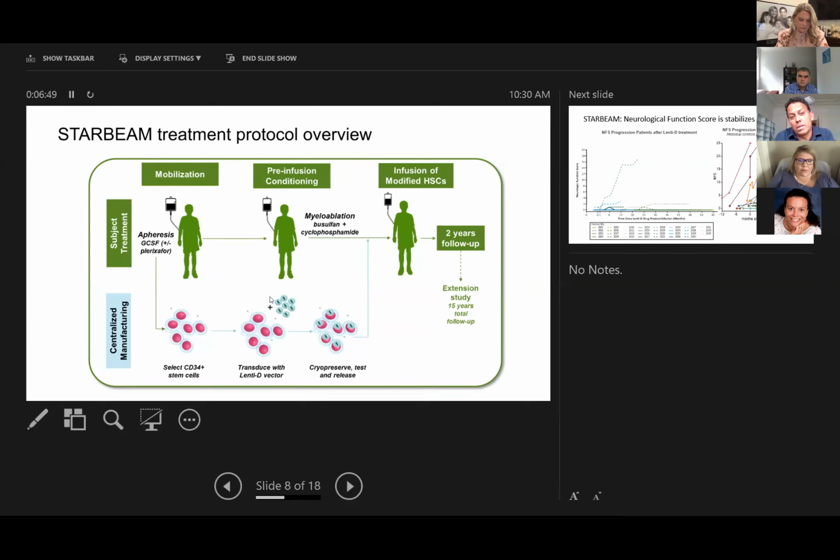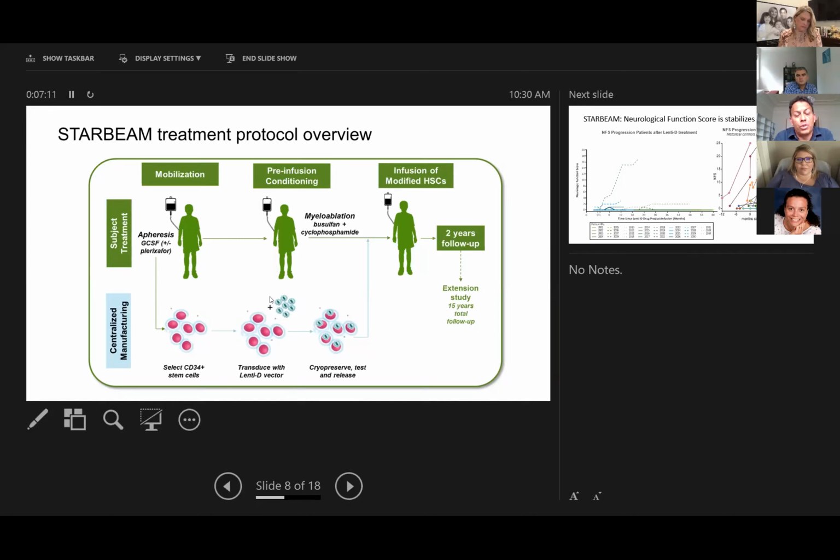Once a boy has a lesion with contrast enhancement, we see the boy, we harvest their bone marrow cells. After we mobilize them out of the bone marrow, we select out the CD34 positive cells, transduce them with a lentiviral vector, giving a healthy copy of the normal gene to these cells.